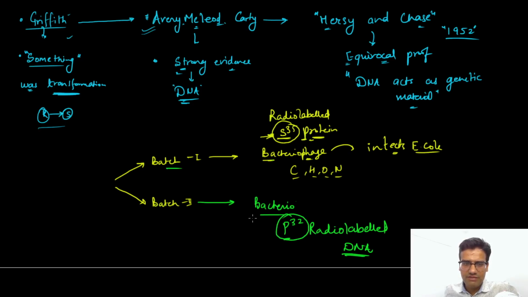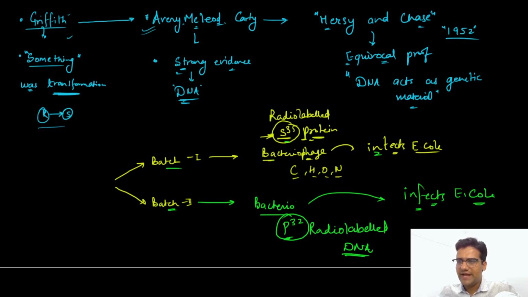So in the first batch, S35 radio-labeled protein was present. In the second batch, phosphate 32 radio-labeled DNA was present. Both of these infected the E. coli cells. The first step of the bacteriophage was to infect E. coli.